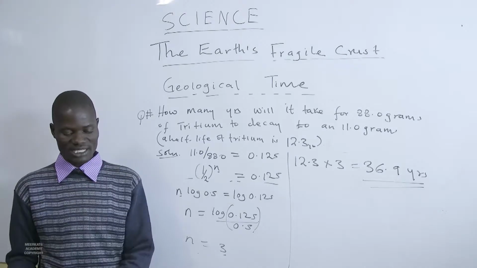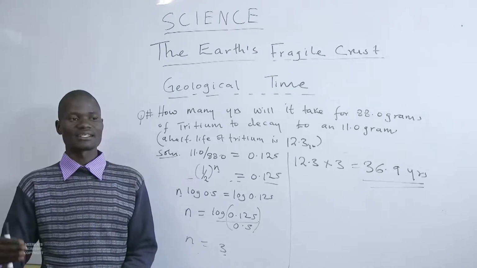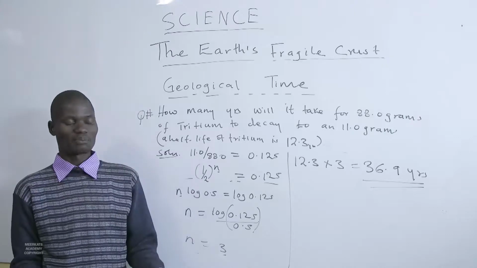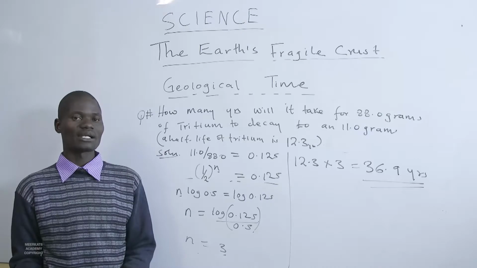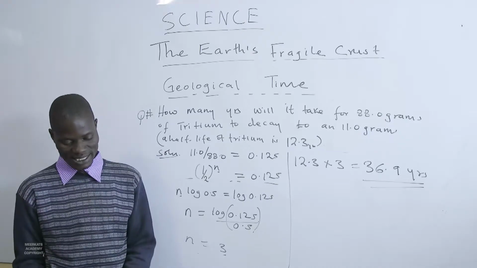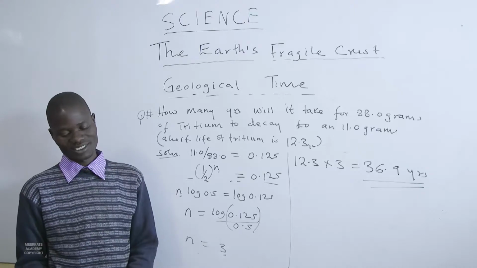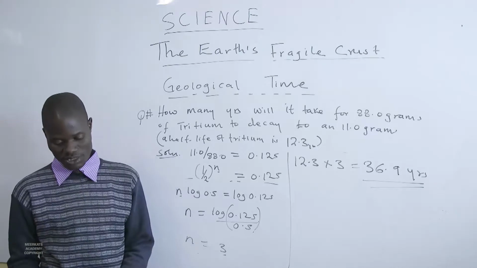When we measure the ratio of the parent isotope and the ratio of the daughter isotope that forms in a given period of time, we can determine the age of that element.